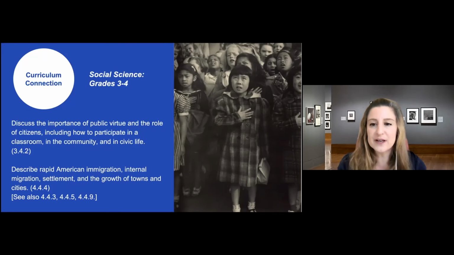And for 4th grade, describe rapid American immigration, internal migration, settlement, and the growth of towns and cities. So this, for your reference, is a photograph of students in a classroom in San Francisco in 1942.